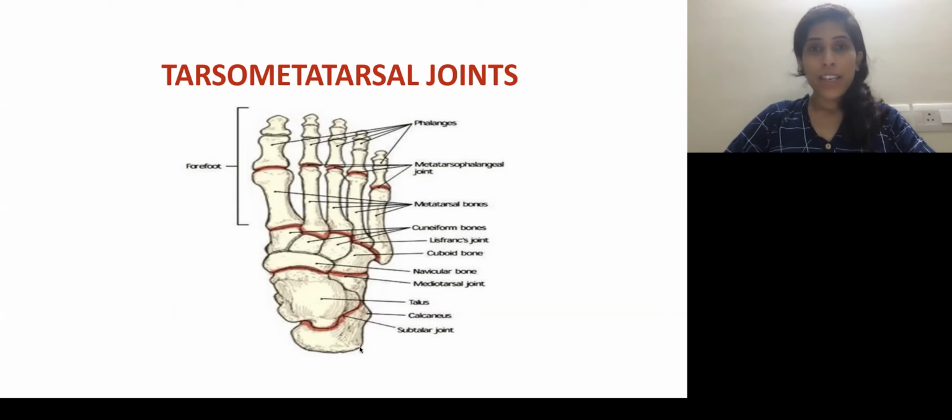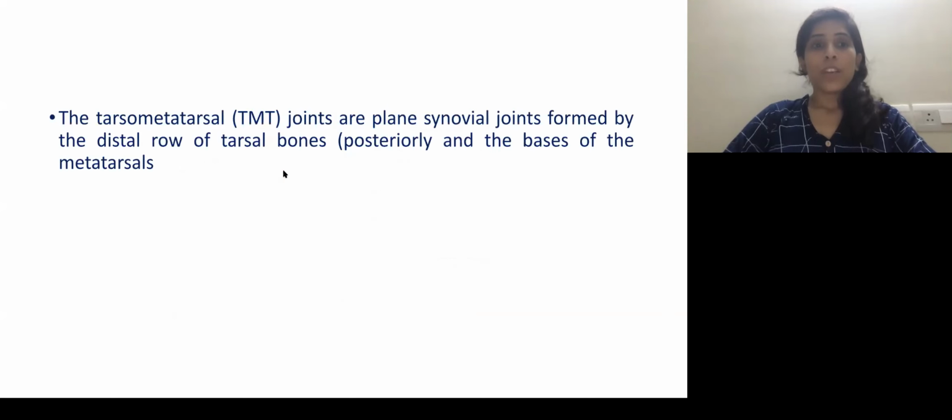The hindfoot is the posterior aspect of the foot. The midfoot includes the distal row of the tarsal bones, and the forefoot includes the metatarsophalangeal joints and the phalanges. The tarsometatarsal joint is a plane synovial type of joint, and it is formed by the distal row of the tarsal bones and the bases of the metatarsals.